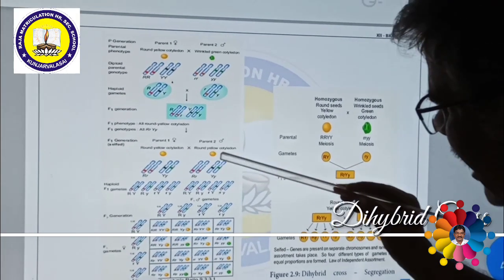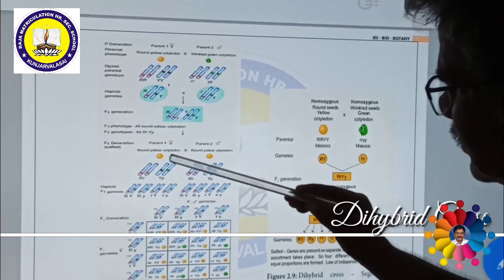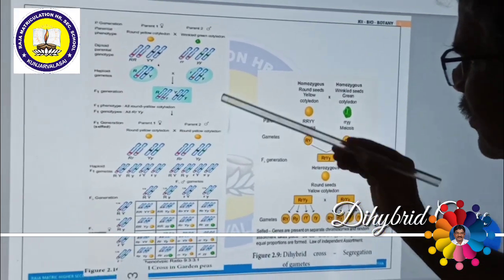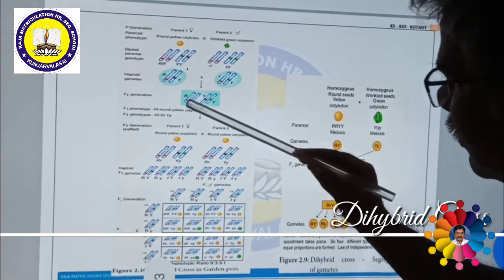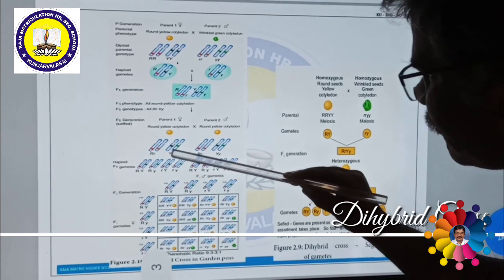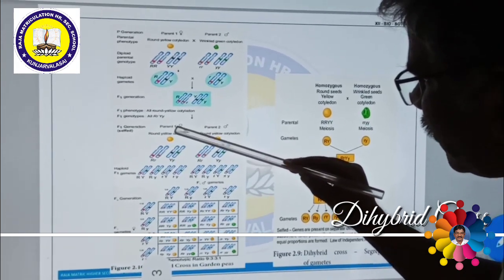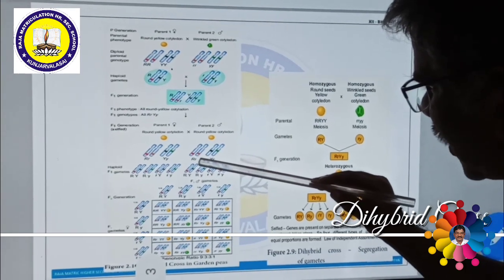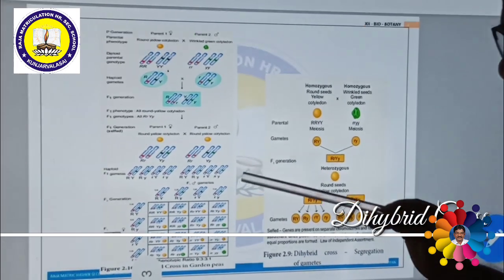Both have the same genotype. For example, round yellow cotyledon and round yellow cotyledon, but these are heterozygous. What appears in the F1 generation? Capital R, small r, capital Y, small y. This is the female parent. The male parent also has the same genotype: capital R, small r, capital Y, small y.